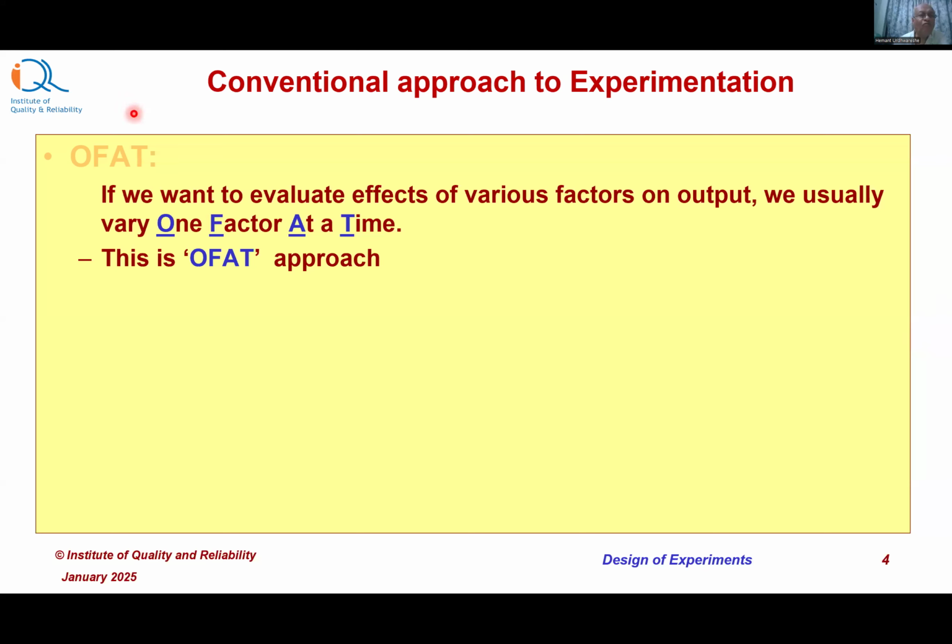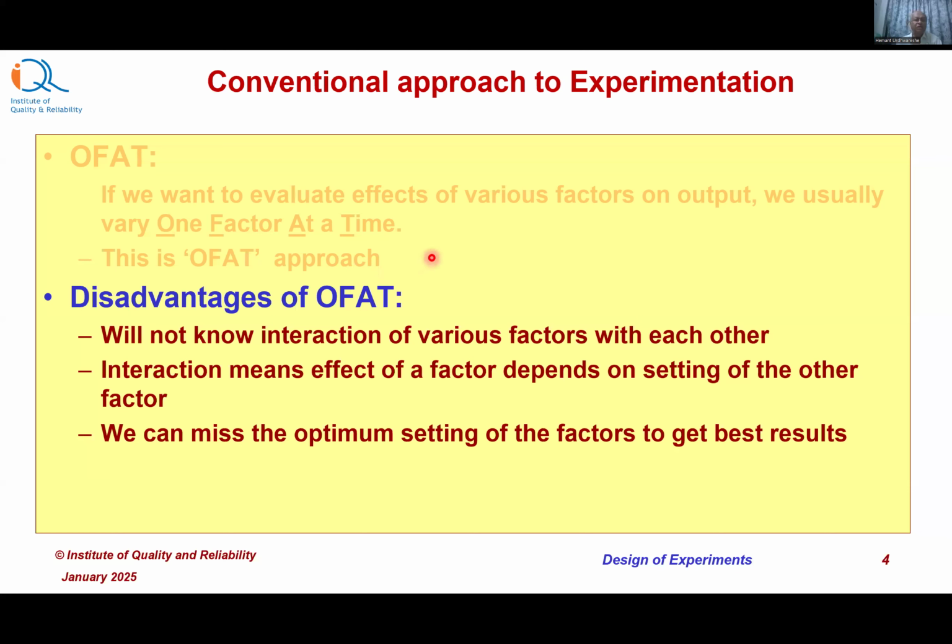So OFAT is basically one factor at a time, and that has a limitation. What is the limitation or disadvantage? We will not know the interaction of various factors with each other. In many experiments, factors work together, they are not fully independent. Like when you take a tablet for a fever, and then you say there is a side effect.